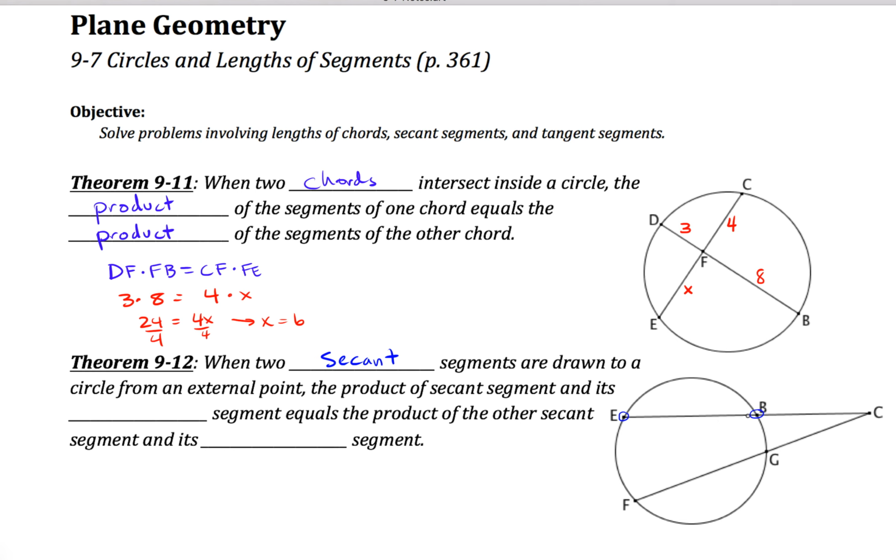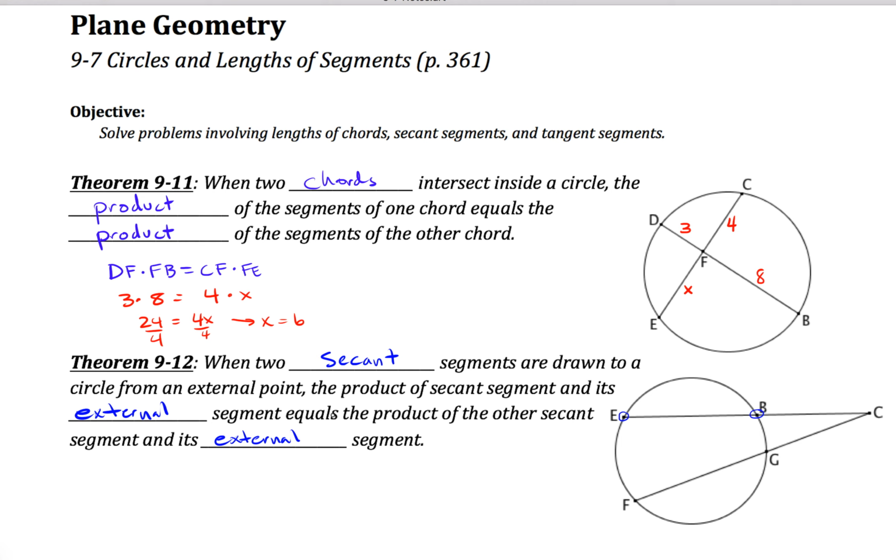Only one of them is an endpoint of segment CE, so that's what a secant segment is. When we have two of those drawn to a circle from the same external point, then the product of a secant segment and its external segment equals the product of the other secant segment and its external segment.